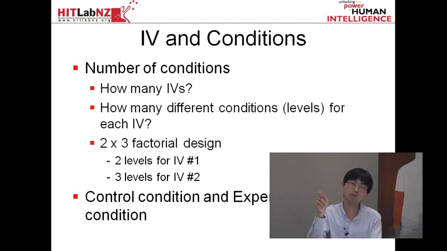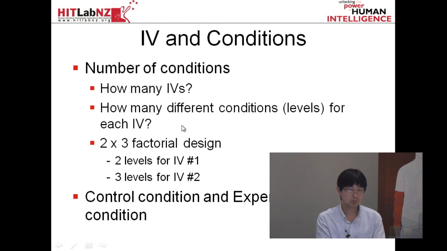Interface A, B, C. And the second independent variable has two levels, younger or older people, divided into two groups. If you think of how many conditions you'll have to test, with three levels in one independent variable and two levels in the other, it's basically multiplying those two numbers, right? So you'll end up with six different conditions from two independent variables with different numbers of levels.